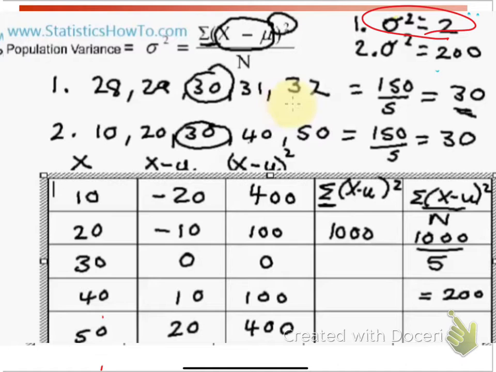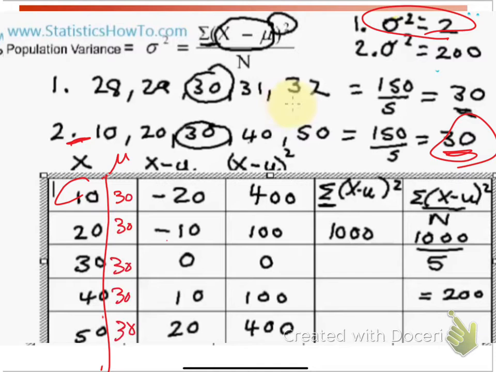In this example, if we take the second set, we put 10, 20, 30, 40, and so on. This is the first column. The second column will also be mu or x bar, which is 30.